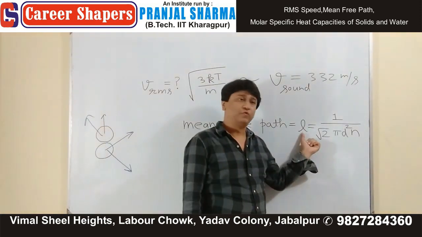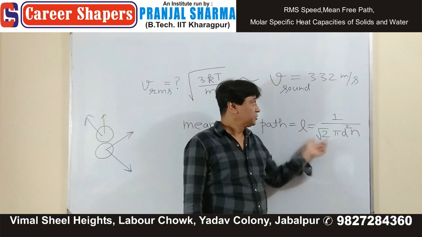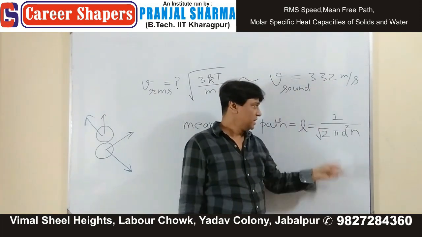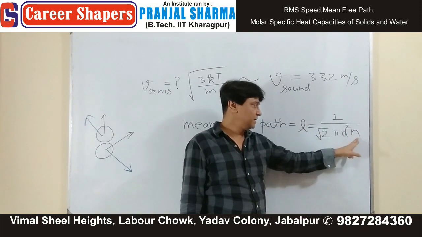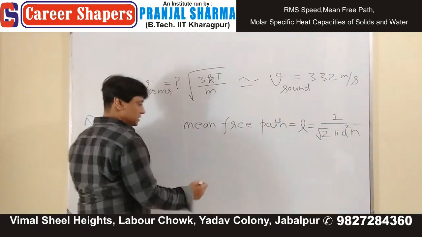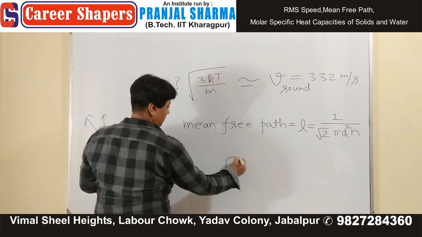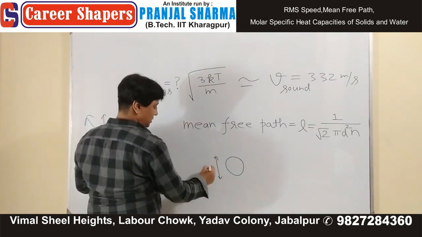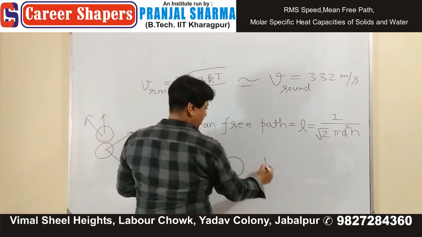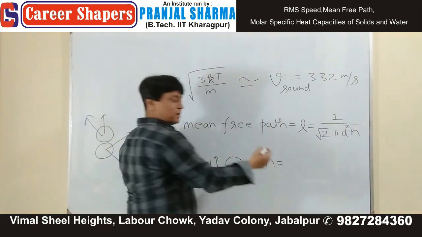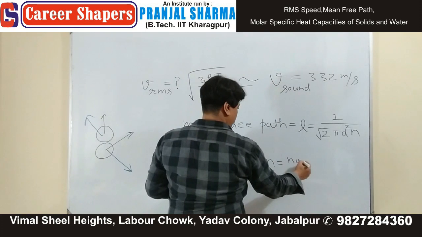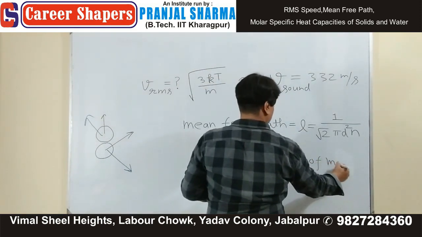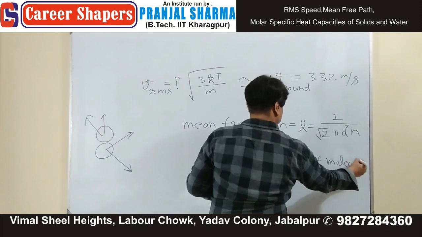L is the mean free path, which is not 332 meters. It is 1 upon root 2 pi d square n, where d is the diameter of the molecule, n is the number density, the number of molecules per unit volume.